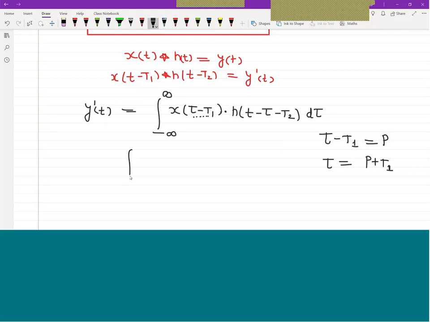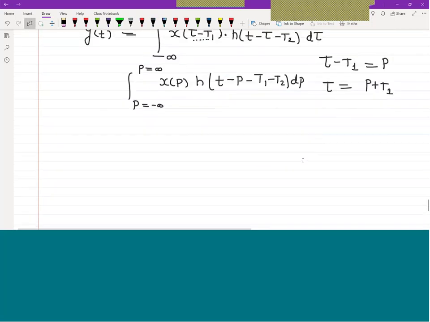So you can say this is the integral from p equal to minus infinity to p equal to infinity of x of p and h of t minus p minus t1 minus t2. I am just replacing the tau.